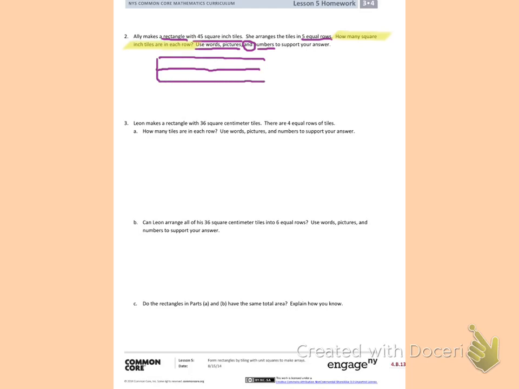That's 2 rows, 3 rows, 4 rows, 5 rows. You'll notice I left the ends open because we may need to extend those rows.